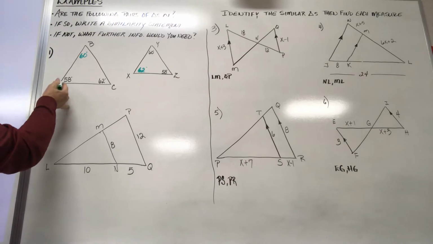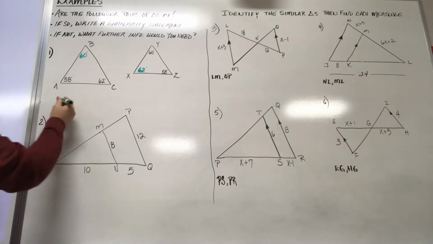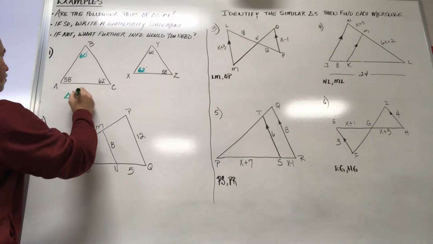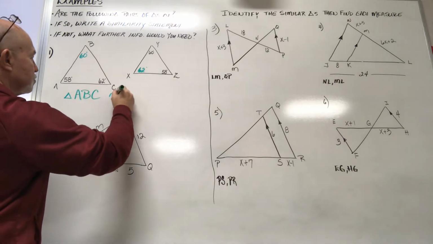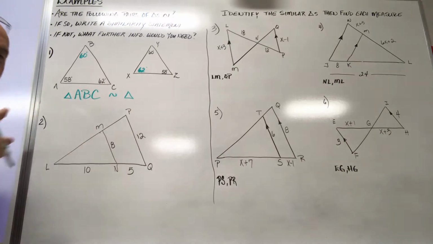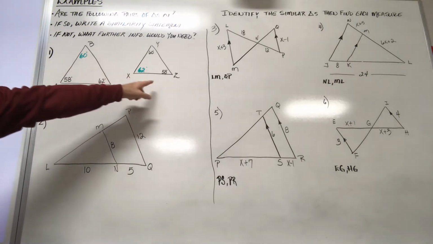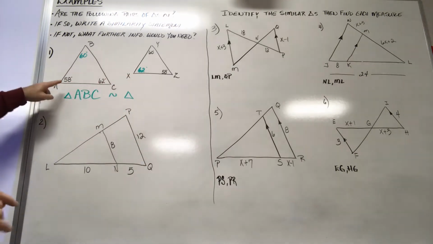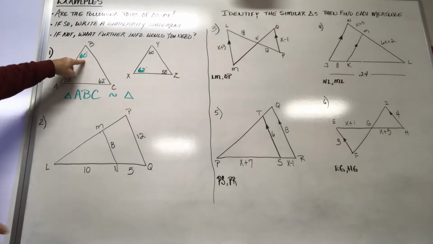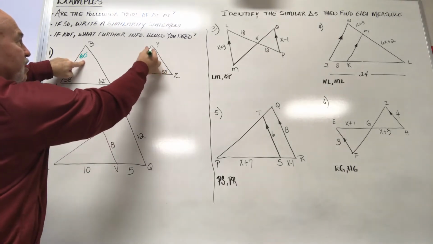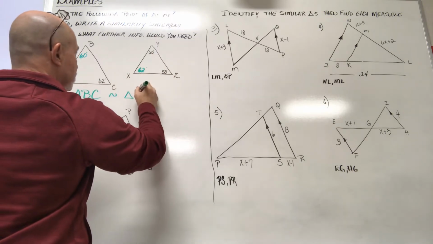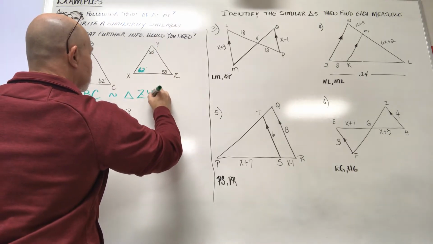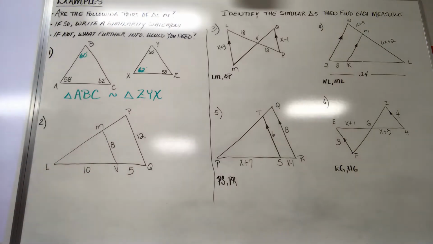On this one, however I start, I'm just going to go ABC here. Now, since I did it that way, I've got to match the angles from this one. So I went 58, 60. 58, 60. So I've got to go Z, Y, X. Now I have two similar triangles.